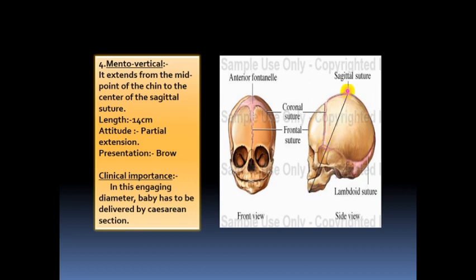This diameter is about 14 centimeters, and this is the presenting diameter in a brow presentation. This is usually a large engaging diameter which is very difficult to engage, and this is an indication for an elective cesarean section.